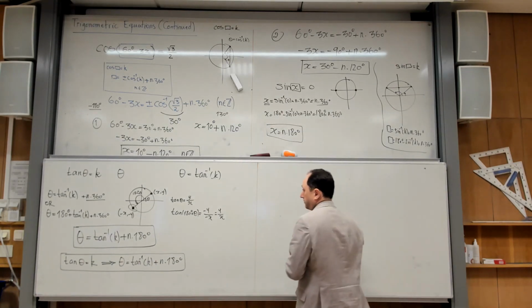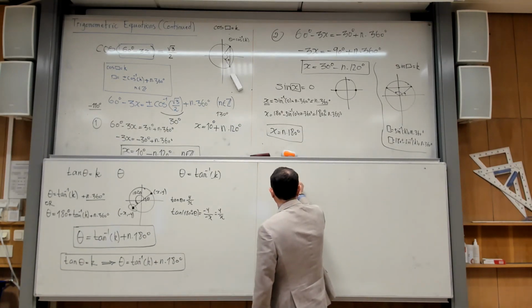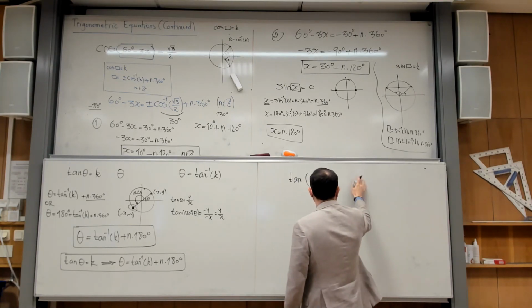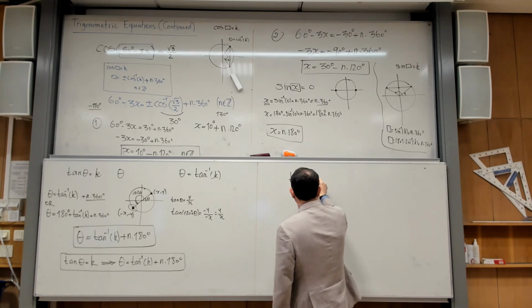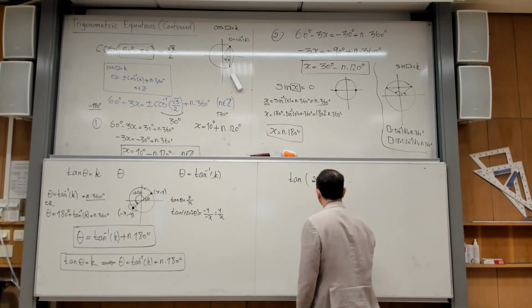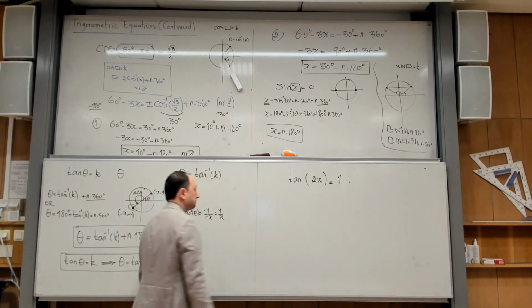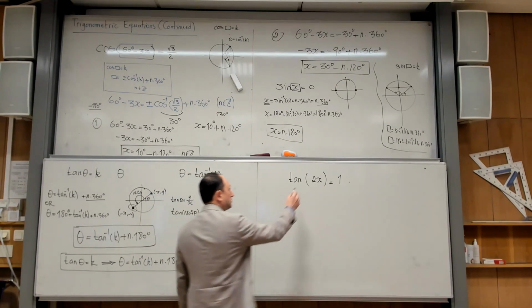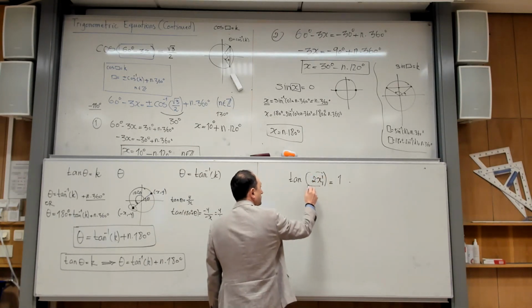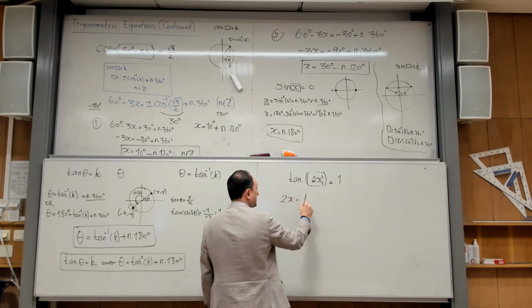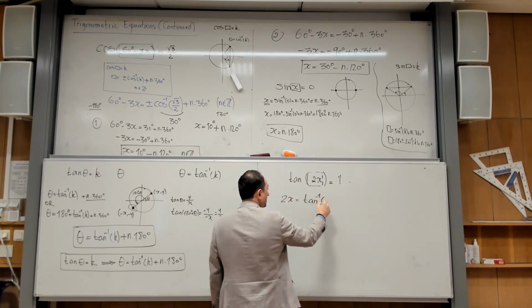So, for example, we can have tangent of 2x is equal to 1. We want to solve this equation. The first thing that you do, you take this one as your unknown, and the unknown 2x is tangent inverse of 1.